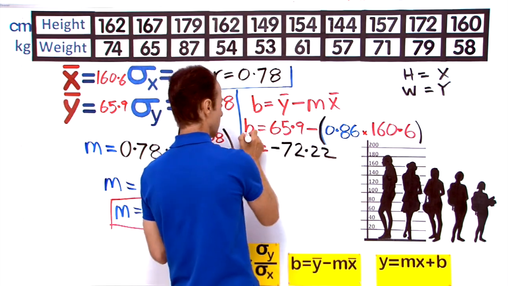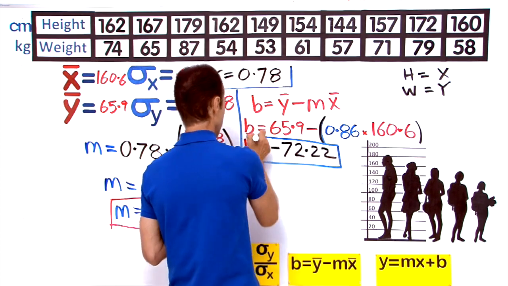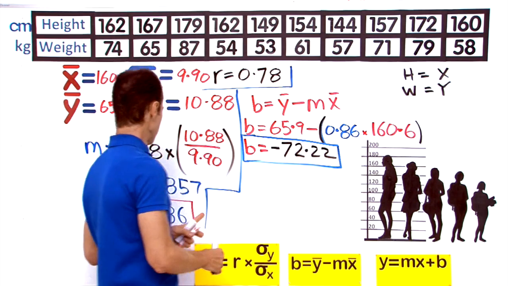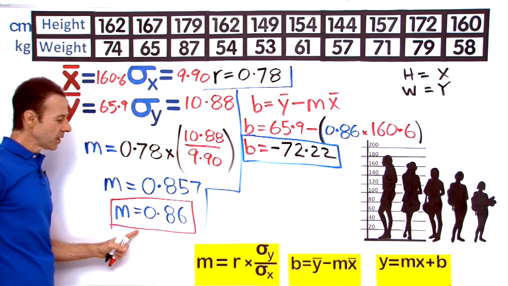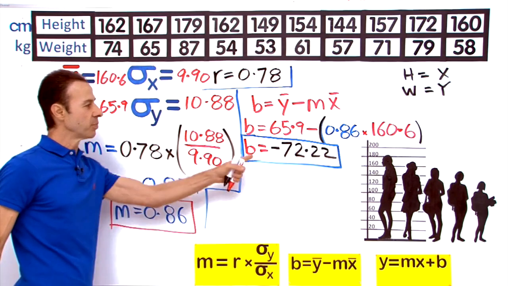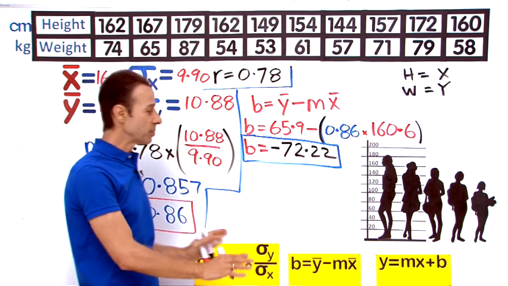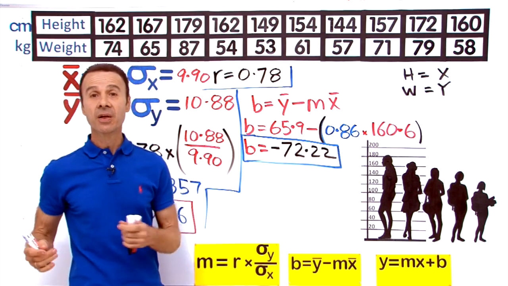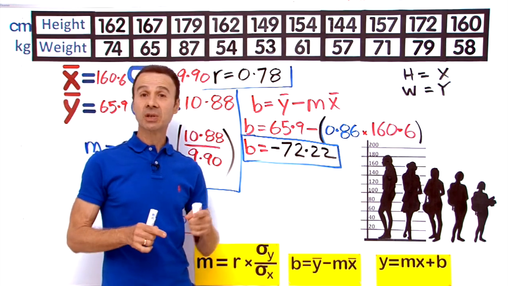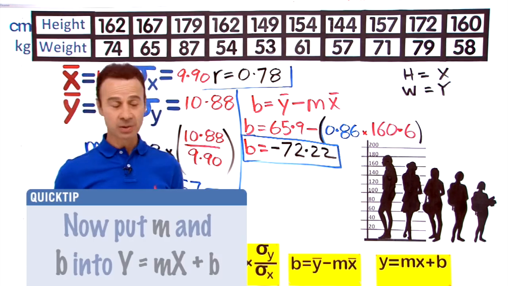There we go. So we have our y-intercept. So they're the key ones. We got M, 0.86, the gradient, and B, the y-intercept, negative 72.22. Let's drag and drop them into the equation. That'll give us the least squares regression line of best fit equation.